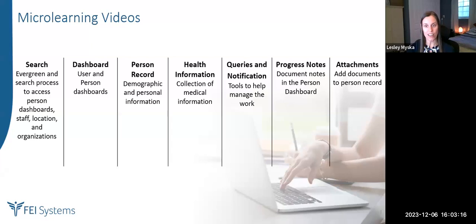And then there's a queries and notifications microlearning, those are two different tools that will help you manage your outstanding work or actions in the system. There's a training on progress notes. So for those of you that have access to create progress notes, that will tell you how you do that. And then there's an attachments training, and this will tell you how to upload important documents to the person record to supplement the information that's captured in the Evergreen forms.